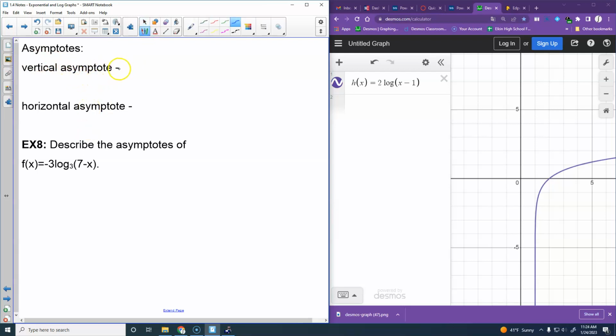For vertical asymptotes, as x approaches a number, the y will get infinitely big or small.